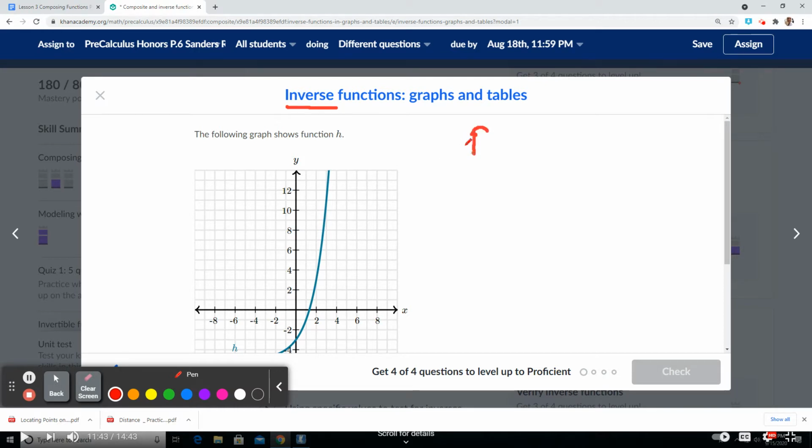Usually we would have f of x is equal to an output. It's equal to the y, where this is your input, this is your output, so input and output.